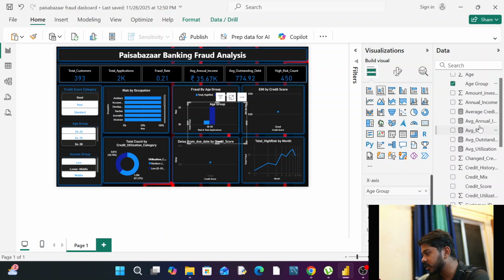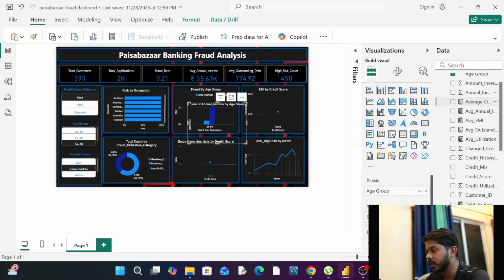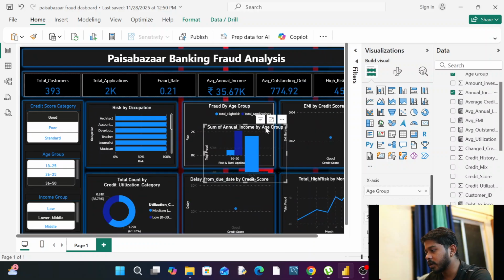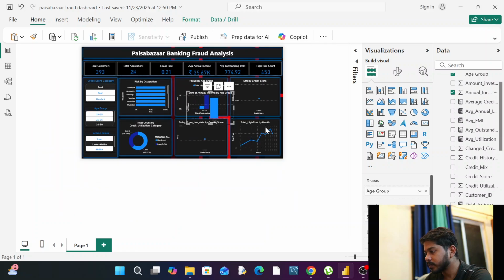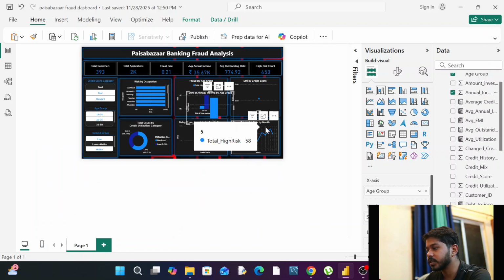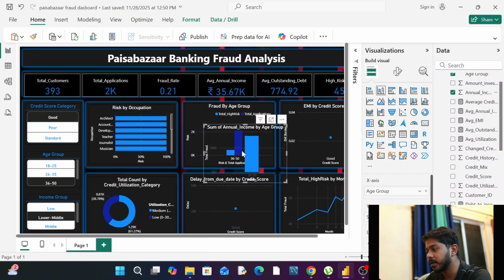And in the y-axis, we want to put the annual income, and we will get a bar chart. Same way we did for every chart in this project, and we got a completely interactive dashboard with all the features and all the KPIs that I wanted to put.